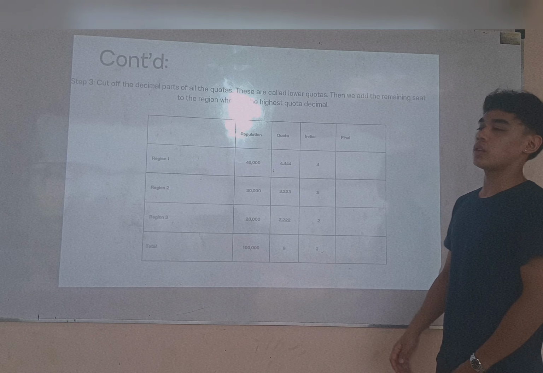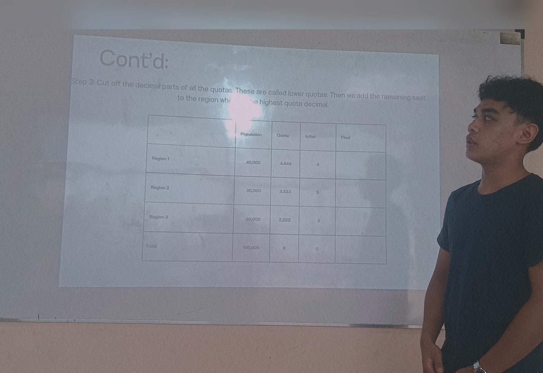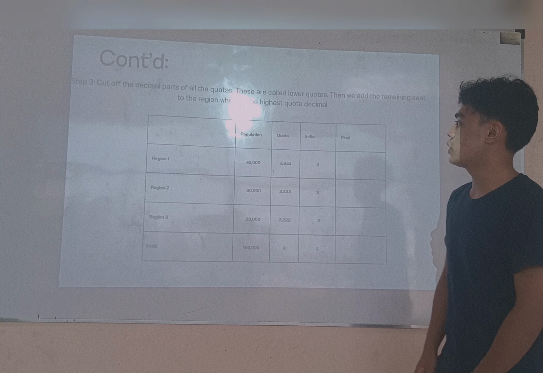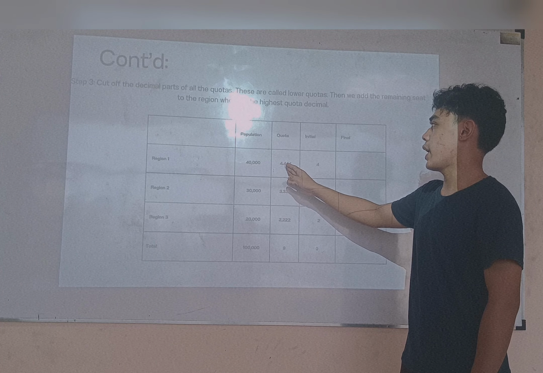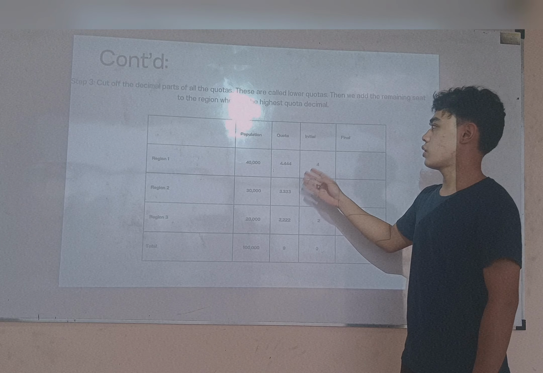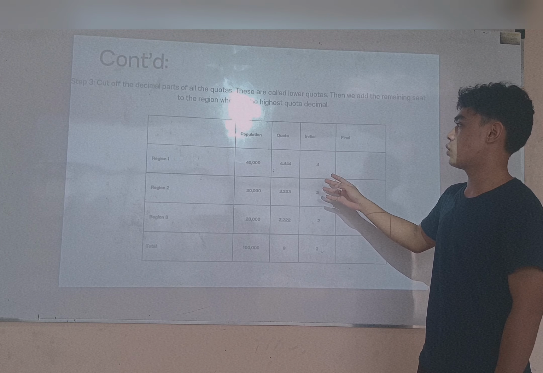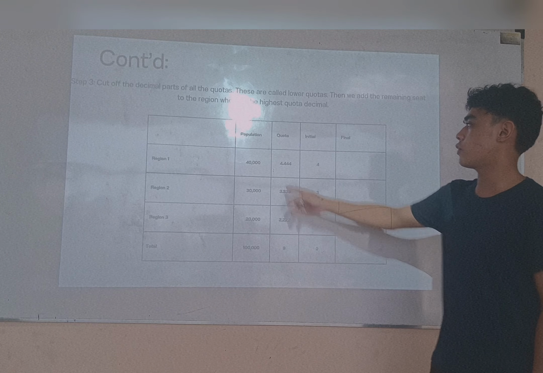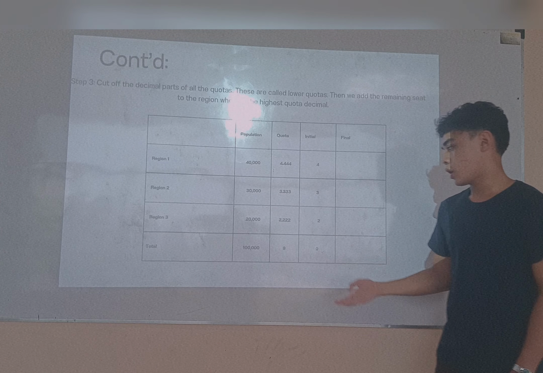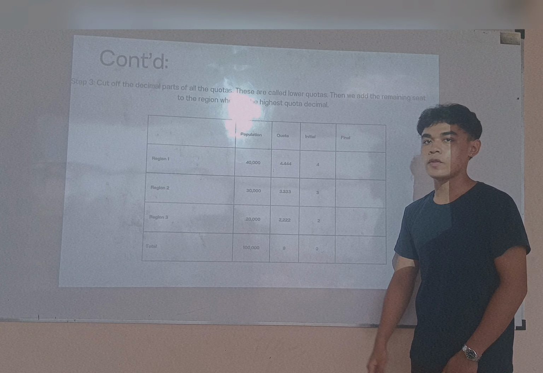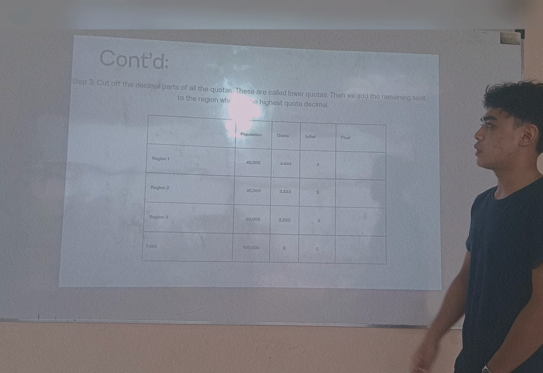In step 3 we cut off again the decimal parts of all the quotas. So we need to cut off the decimal part and put our initial number of representatives to each region. So we got 4, we got 3, we got 2, and this will be a total of 9 representatives.